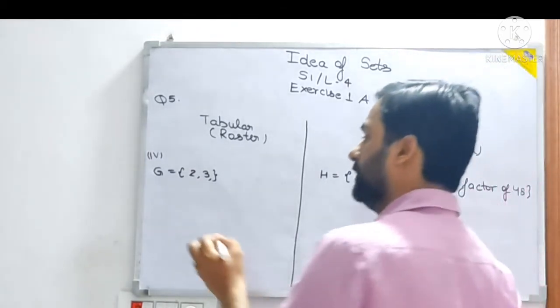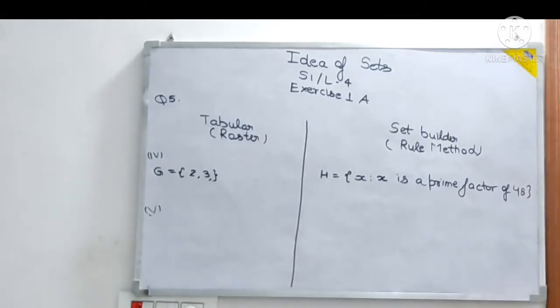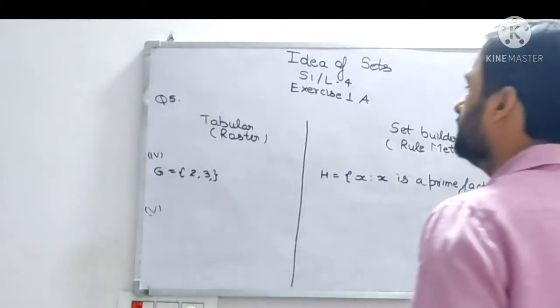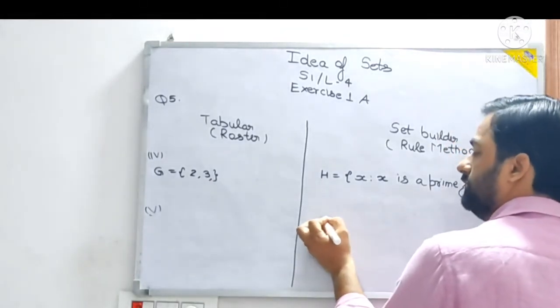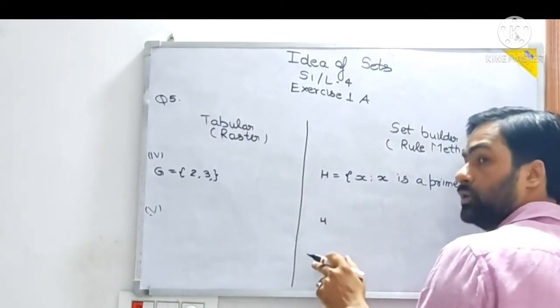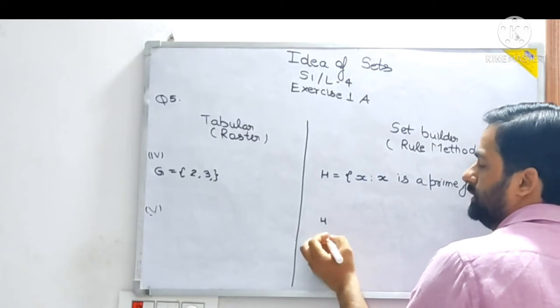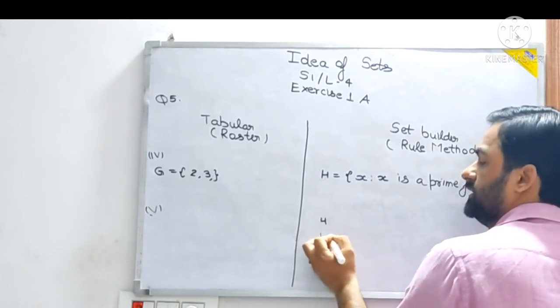Yeah. Then the fifth part. What are they asking in the fifth part? The set of natural numbers which are perfect squares. You know, children, perfect squares? Like 4 is a perfect square. Its square root is an exact number, or you can say a natural number. 4, then 16 is a perfect square.